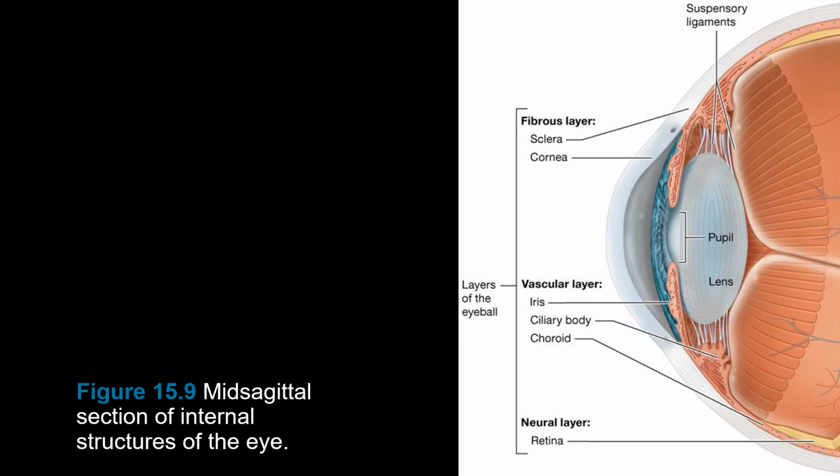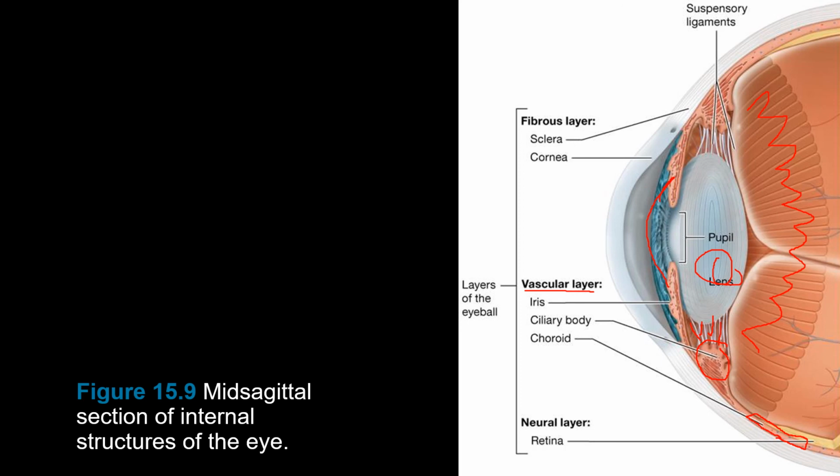Now let's look at this, okay? We're looking at the vascular layer here. Well, we've got the iris, that melanin concentrated colored section, right? Well, under that, what do we have? We have the ciliary body, this structure here, and we have those suspensory ligaments here connecting to the lens. We have the ora serrata here, this flower-shaped structure. And then all of this middle layer you see here with all of these blood vessels, that's the choroid, okay?